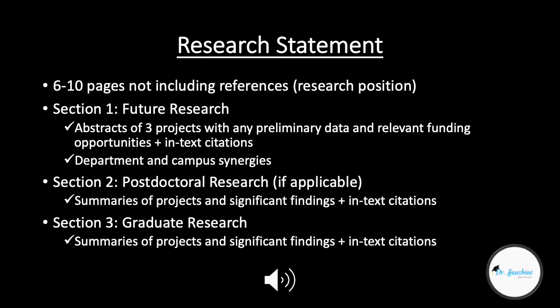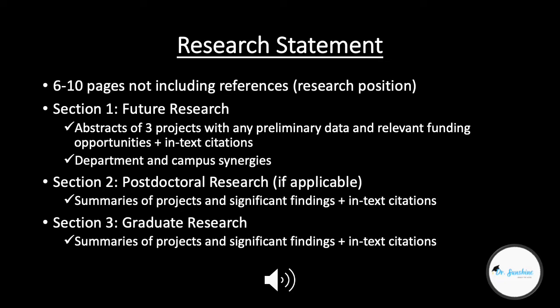So you can actually write this into any future project description saying that, hey, if I get hired, this is the funding opportunity that will support this work. This is why the work is important, and this is how the work will be synergistic to department goals.